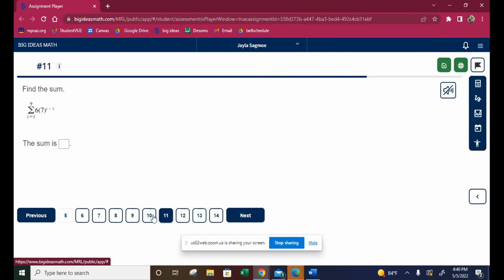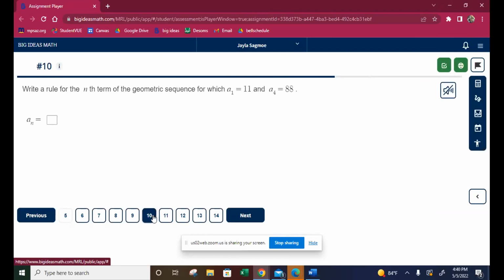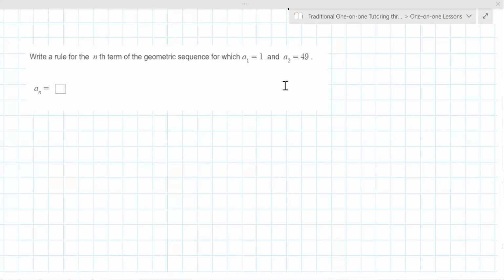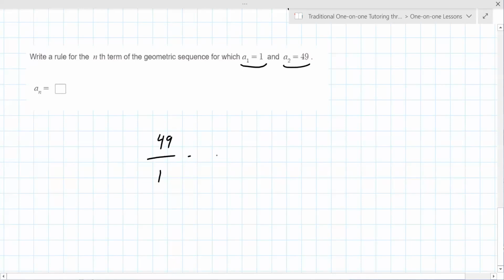Let me share my screen. I'm doing question 8. Okay, so again, you take the later number, the future number, 49. You divide it by the other number, 1, equals r to the 2 minus 1 power. 49 divided by 1 is 49.